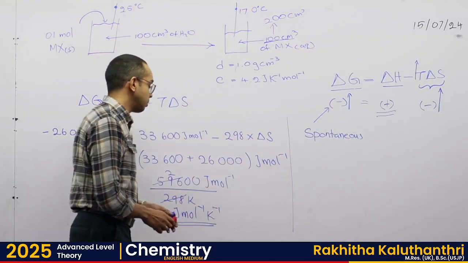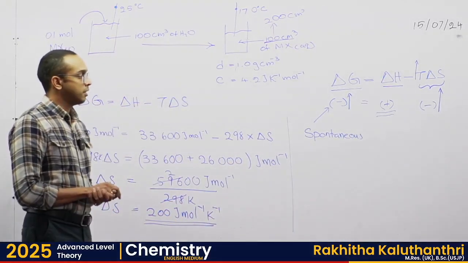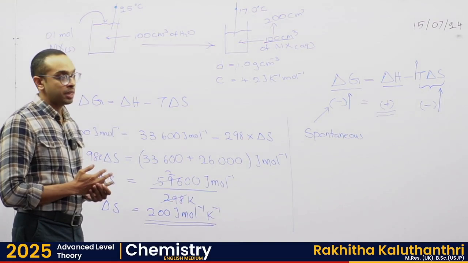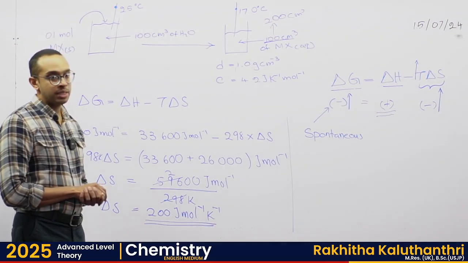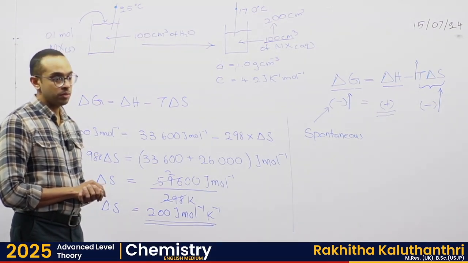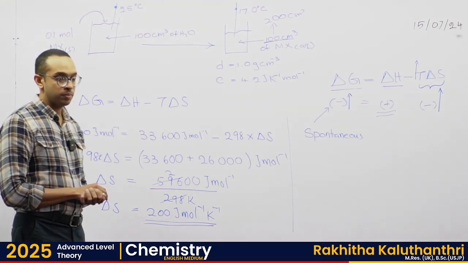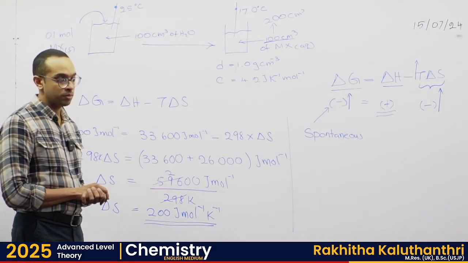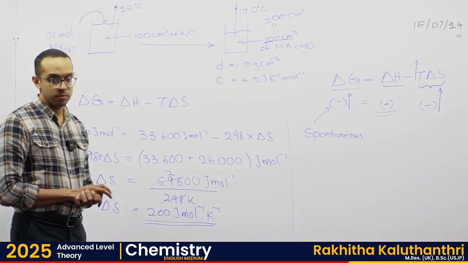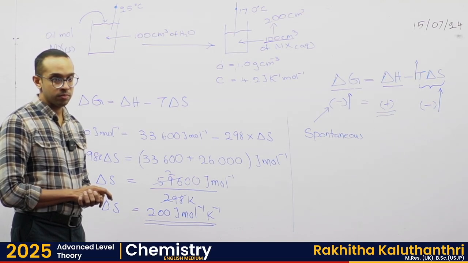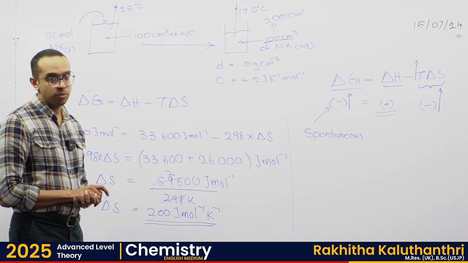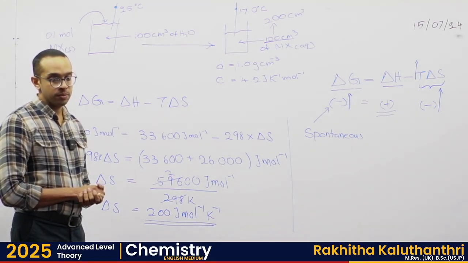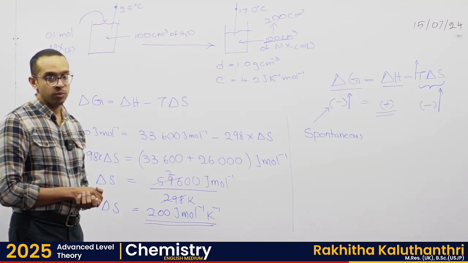So you can write down that as temperature increases, the minus T delta S value becomes a larger negative value, which makes delta G a larger negative value, which indicates the process is more feasible.